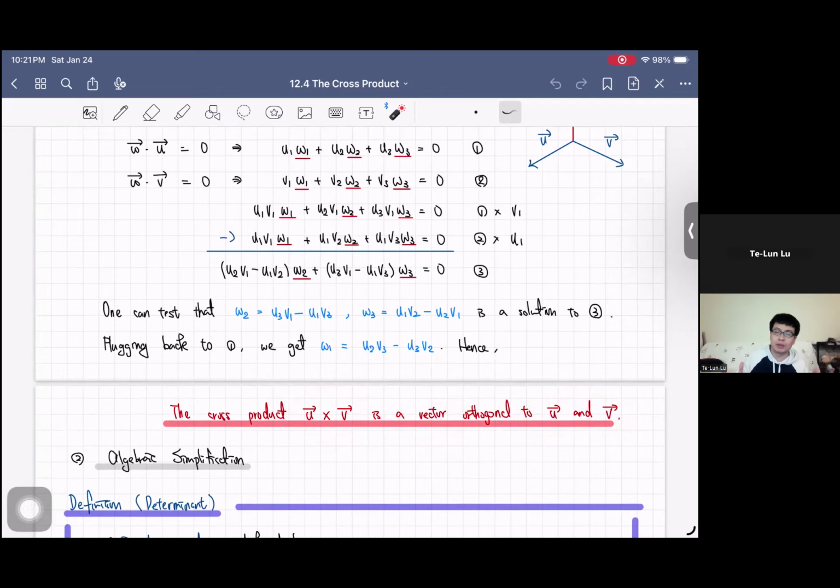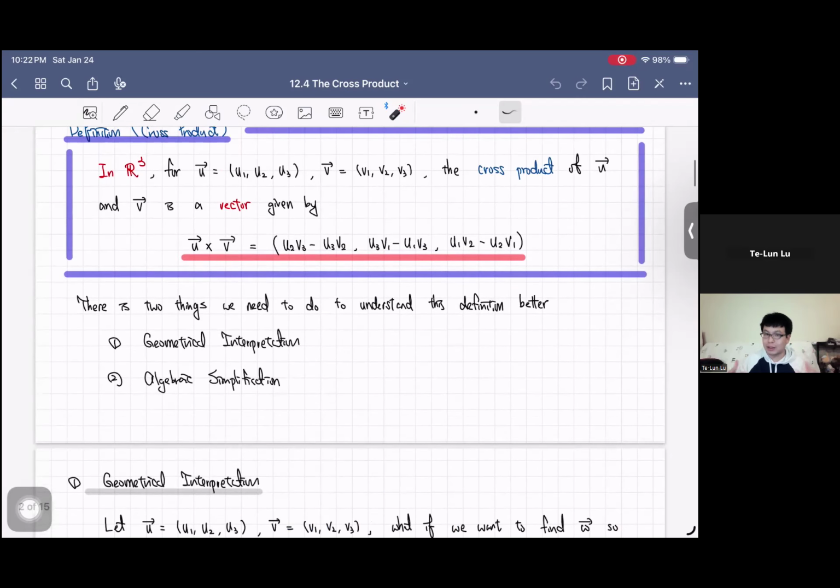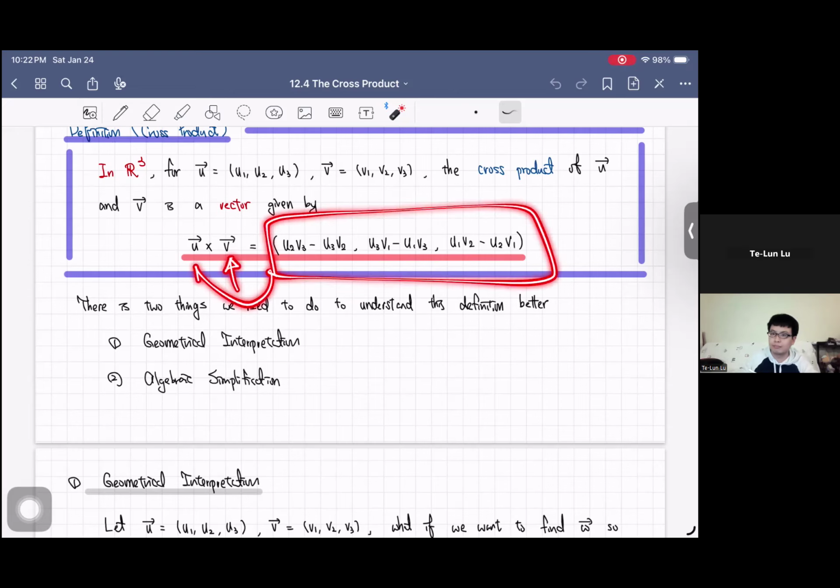Any scalar multiple of that will also be orthogonal to U and V, but we pick this one in particular because it is nice enough for us to write down. Let us recall that our intuition for the cross product is to find a vector orthogonal to both U and V. So naturally, this vector is orthogonal to U and V, right?